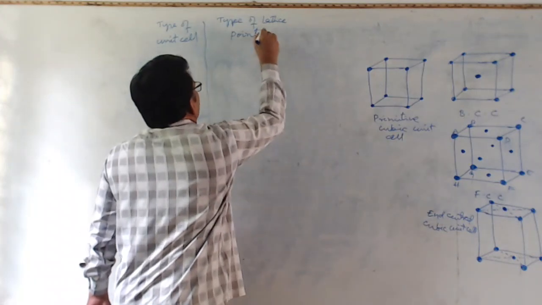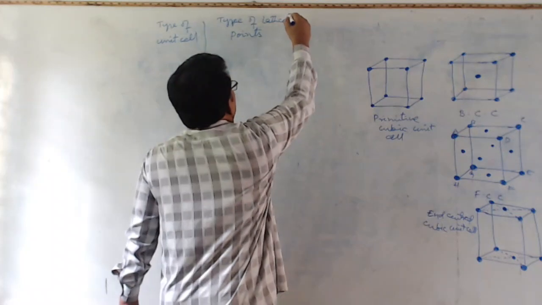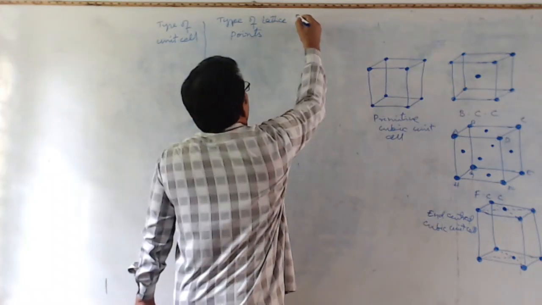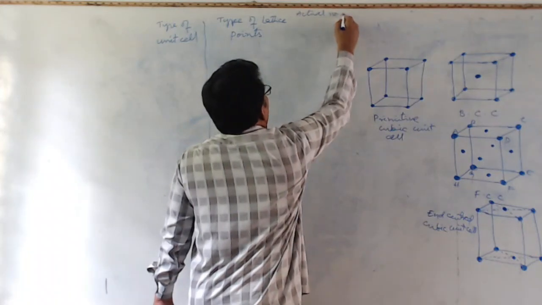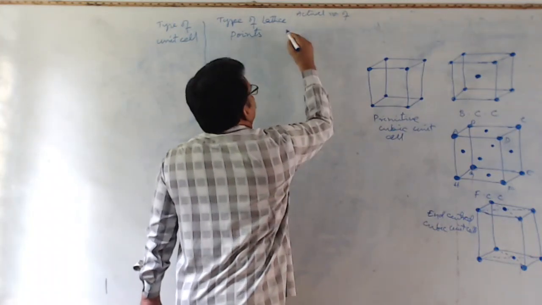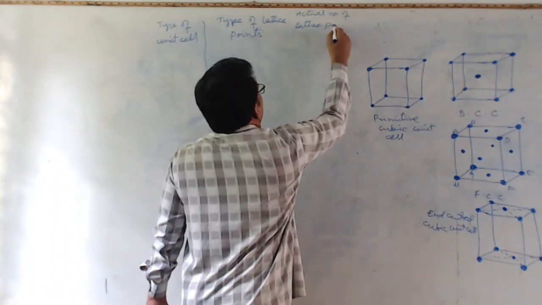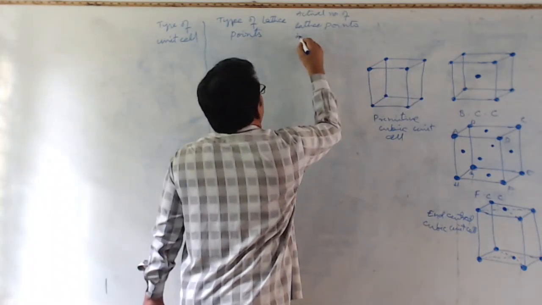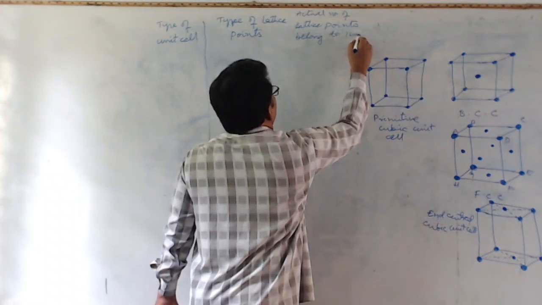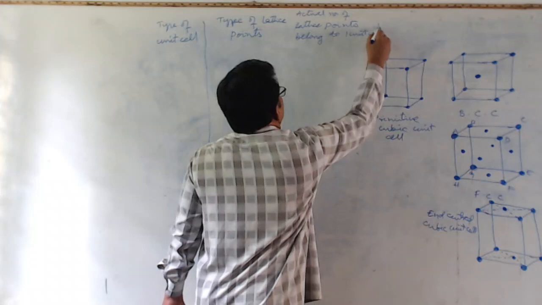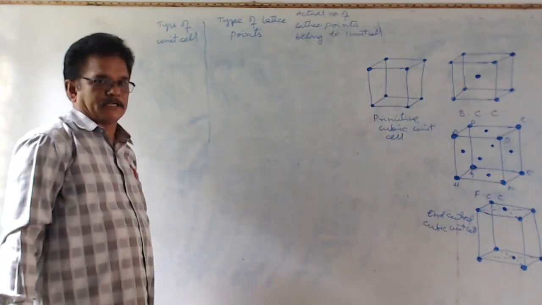type of lattice points that are present in that unit cell, and the actual number of lattice points that belong to one unit cell.